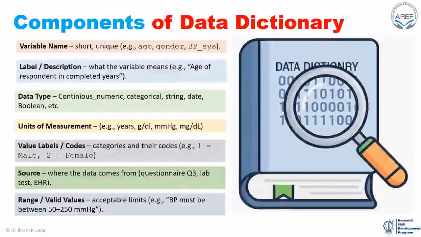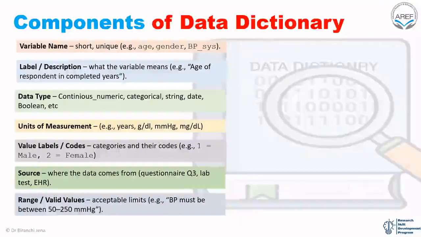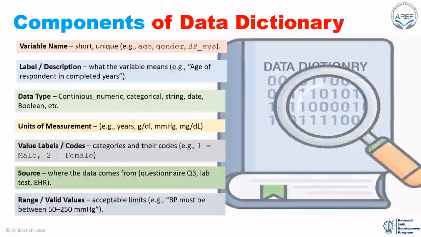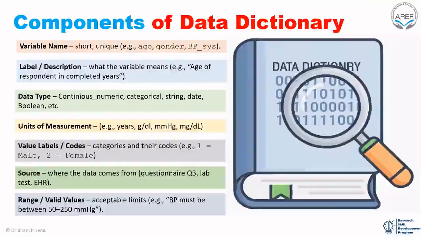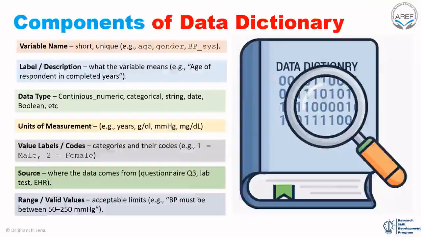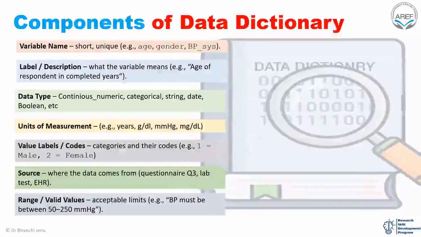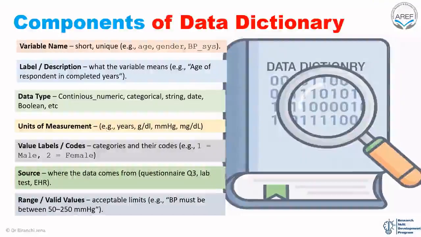If the range and valid values are already defined for your data variables, it will make your life much easier while you are doing the quality checks for your data. For example, for random blood sugar, somebody has mentioned 1022. It's very unlikely a person will have a random blood sugar of 1025. Even 900, 800 of blood sugar may be very, very questionable.